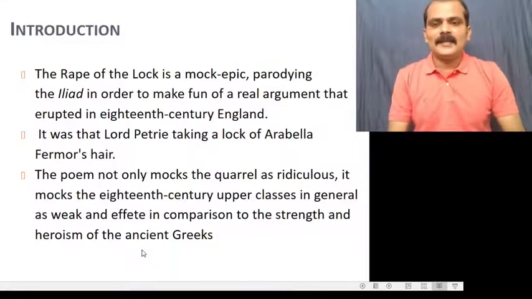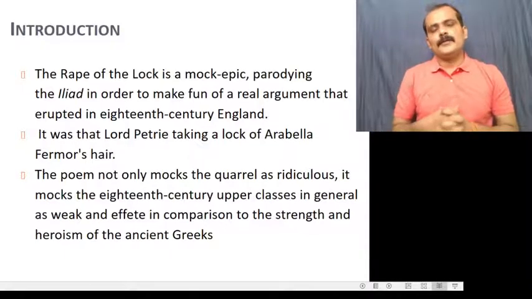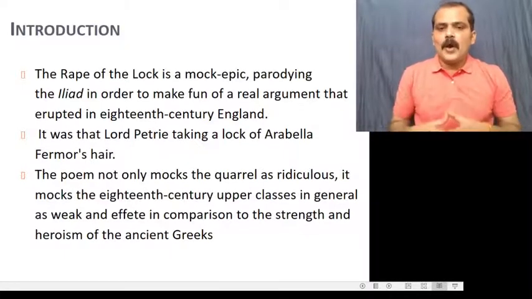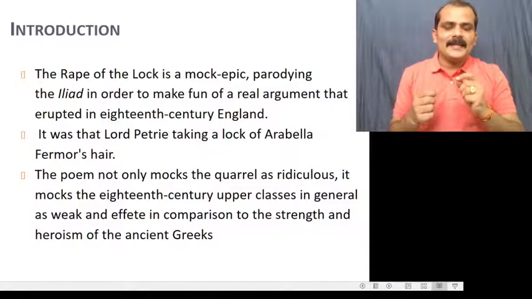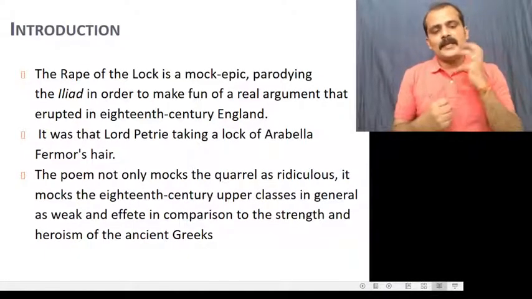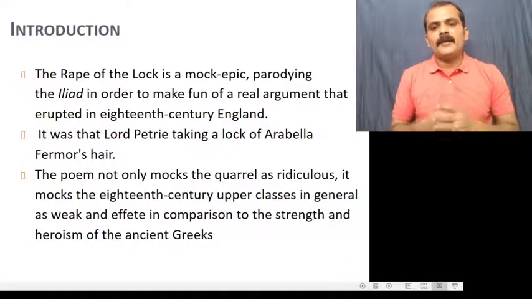Here you see the introduction to this poem. The Rape of the Lock is a mock epic parodying the Iliad in order to make fun of a real argument that erupted in 18th century England.